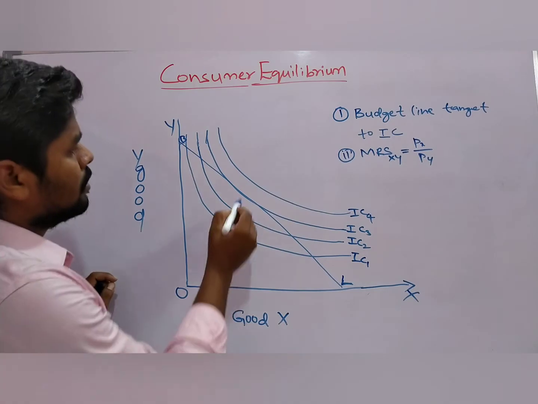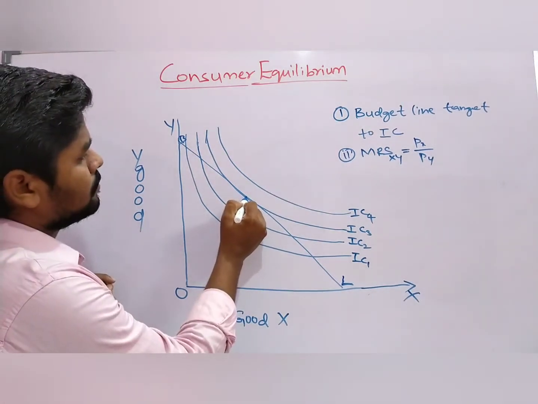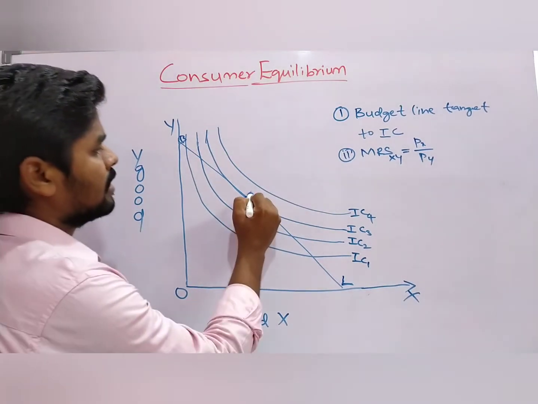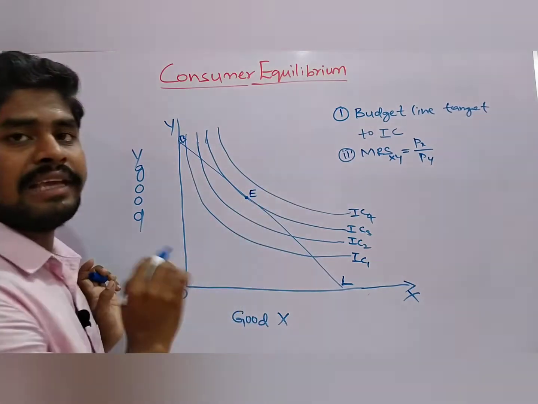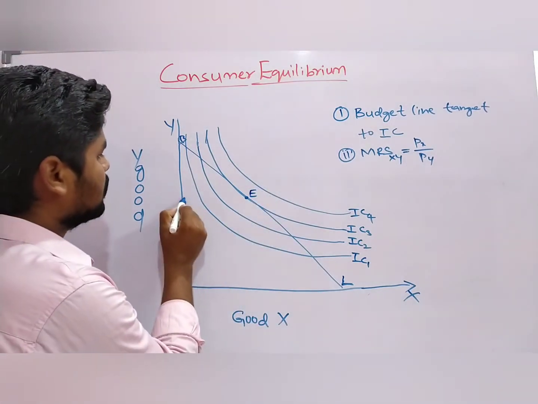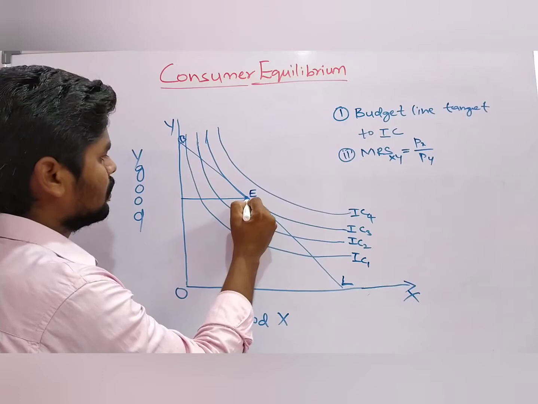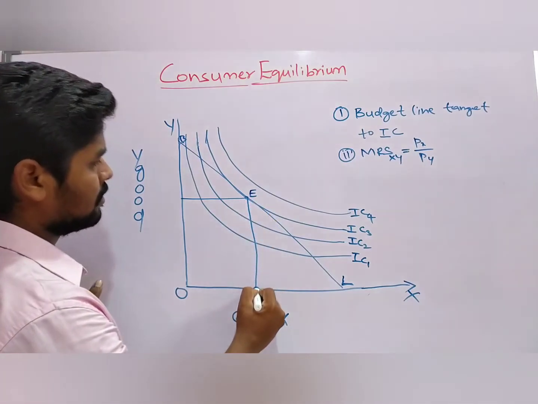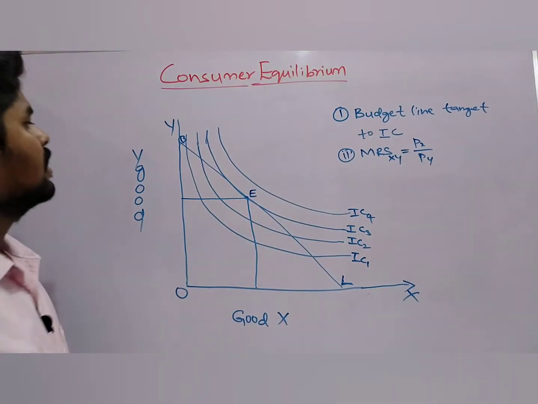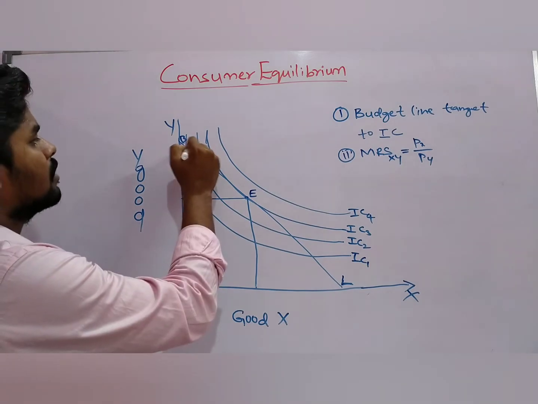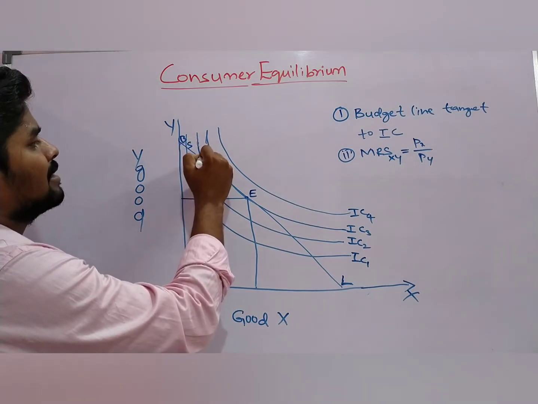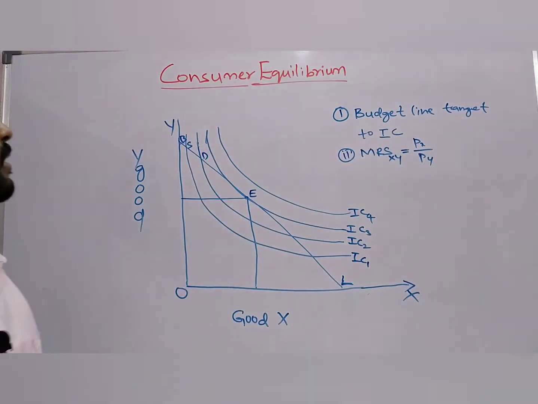The point here we can name T, where the consumer's equilibrium point is, we can take it as T.